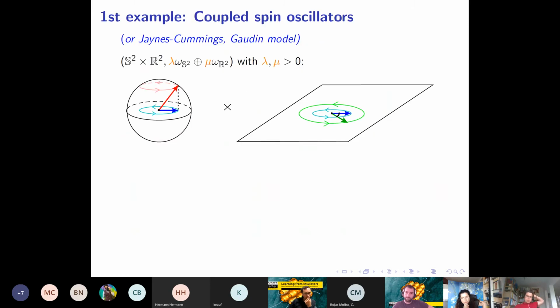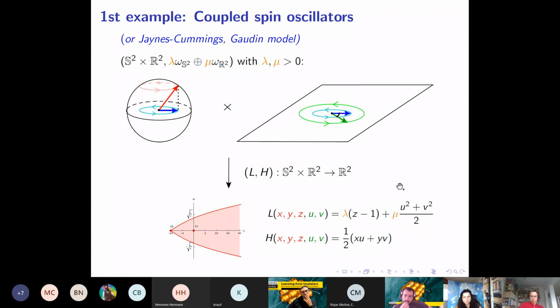And for people from physics, the first example people usually think about is the coupled spin oscillator, where you are on the sphere times R2. Here you have a vector rotating, and here you're just rotating in the plane. Then you project the vector down, and you compare the angle between those two things. On the one hand, you have the S1 symmetry, and your second integral comes from this coupled rotation having a preserved angle.